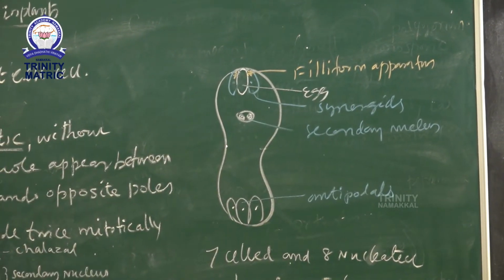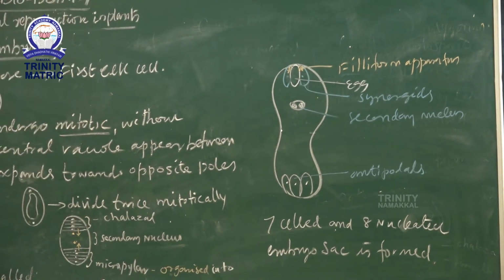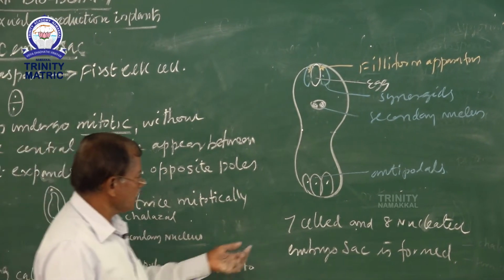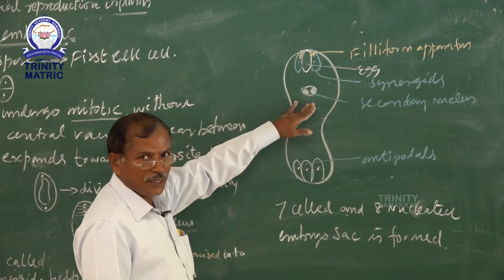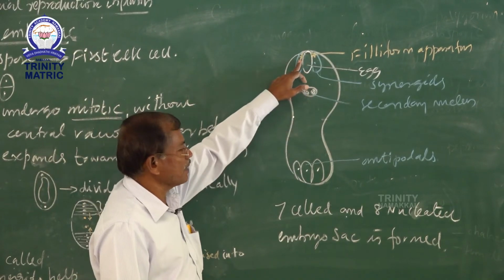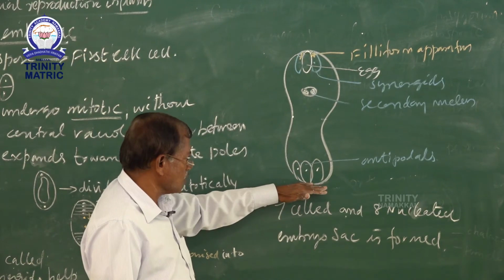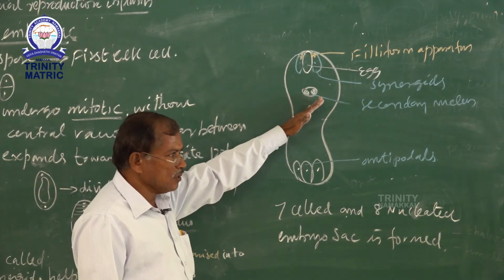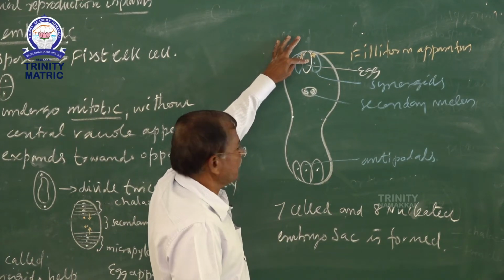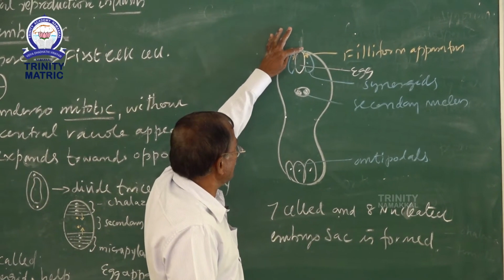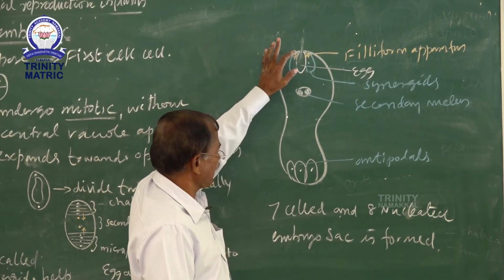Filiform apparatus. It helps in the absorption, conduction and nutrition of food material from the nucellus to the embryo sac. It also helps in guiding the development of the pollen tube, leading the pollen tube to the egg.